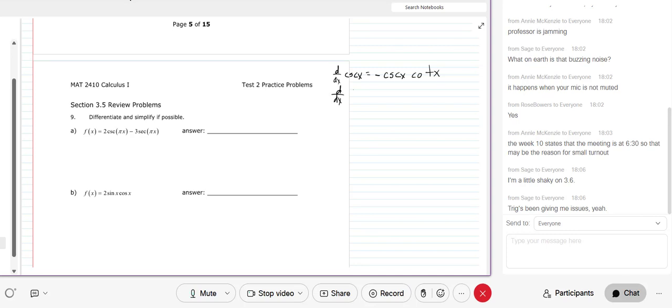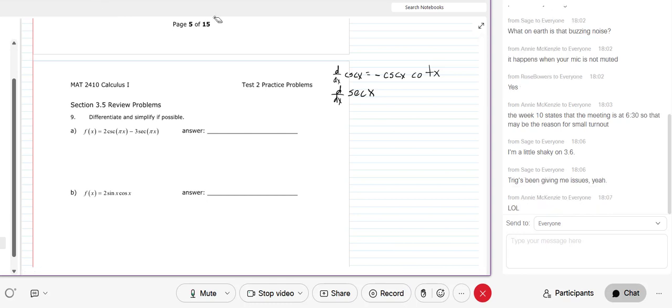The derivative of a secant is almost the same thing, except it's cofunctions. It is secant x, not sex. That's a bad slip up on my part. Okay, so we have secant x, you'd call that a Freudian slip, I think. So it's secant tangent. Okay, so we got that.